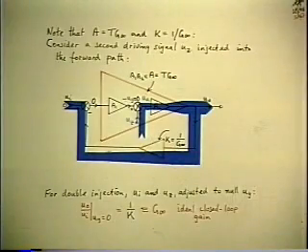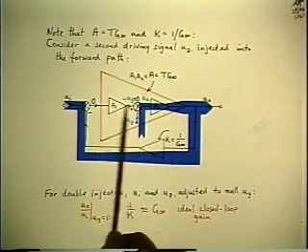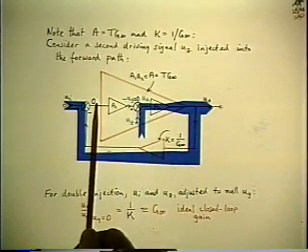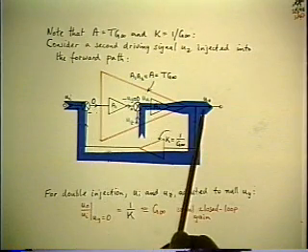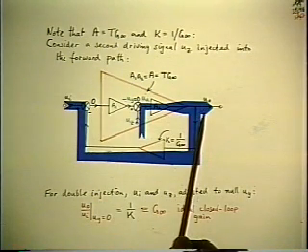Notice that this is equivalent to a simulation of infinite T, because you have a finite output from the forward path, for 0 input, which is like an infinite A, therefore an infinite T.